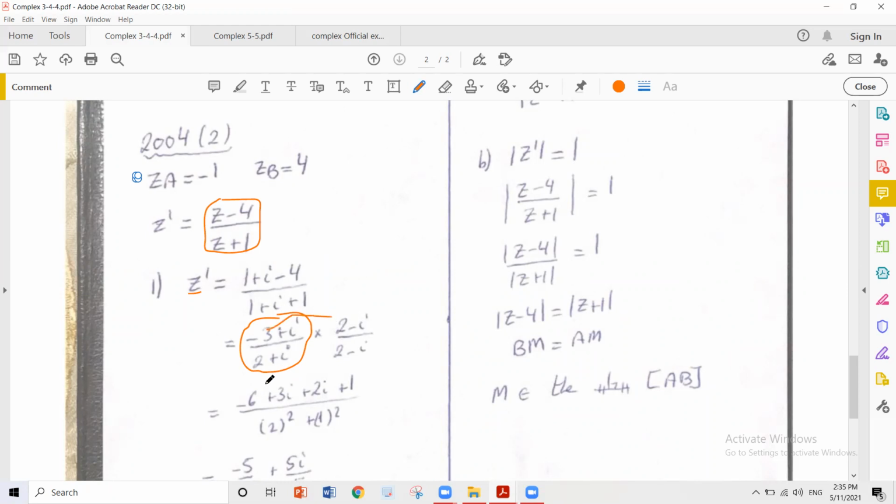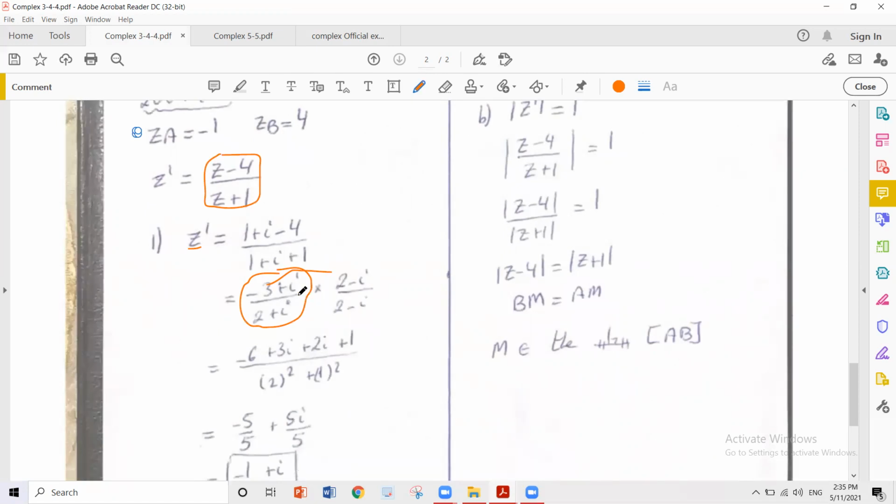Minus 3 times 2 is minus 6. Minus 3 times minus I is plus 3I. I times 2 is 2I. I times minus I is minus I squared, which is plus 1, over 2 squared plus 1 squared, real squared plus imaginary squared.